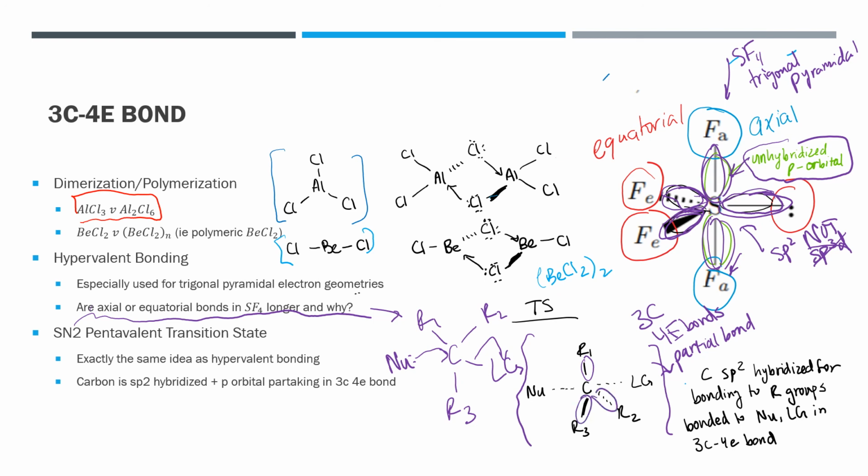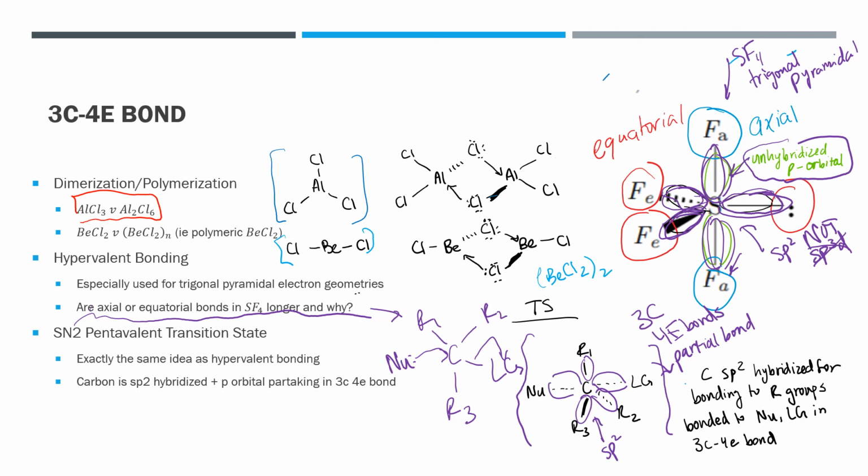We have our sp2 orbitals, and we have one empty p orbital. Remember that if we have sp2 hybridization, that means we have an unhybridized p orbital. And this unhybridized p orbital is what I'm drawing as bonding to the leaving group and the nucleophile.